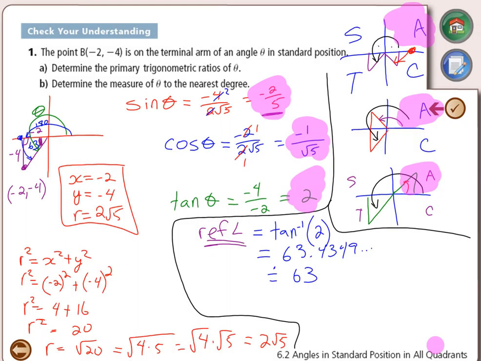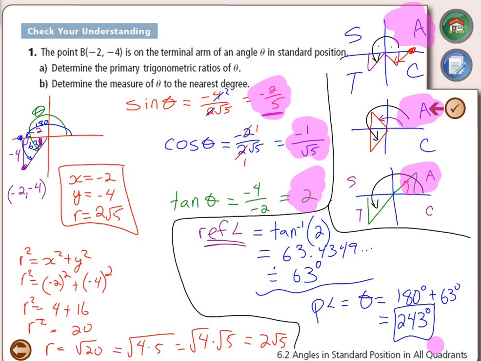So my principal angle, the angle I'm actually going to be looking for, which we're going to call theta, I don't have to say principal angle. I can say theta is equal to 180 degrees plus the 63 degrees that I had from there. And that gives me 243 degrees all the way here.